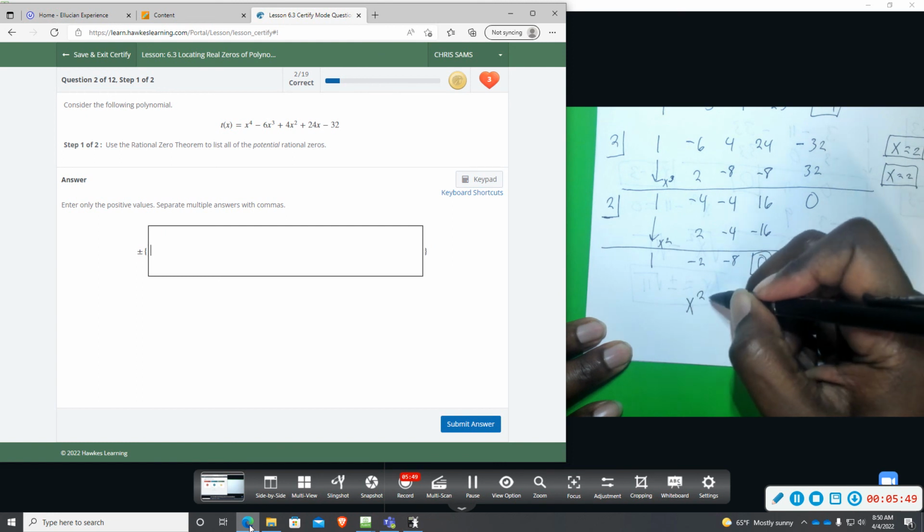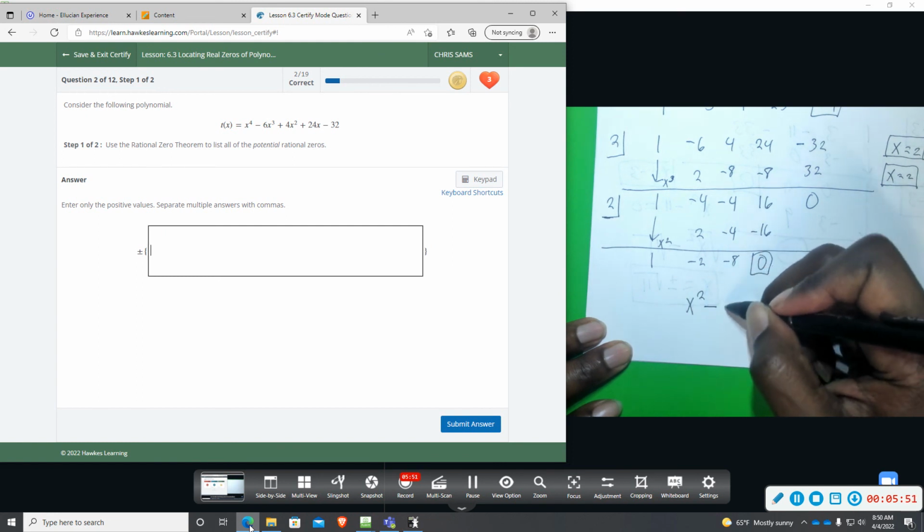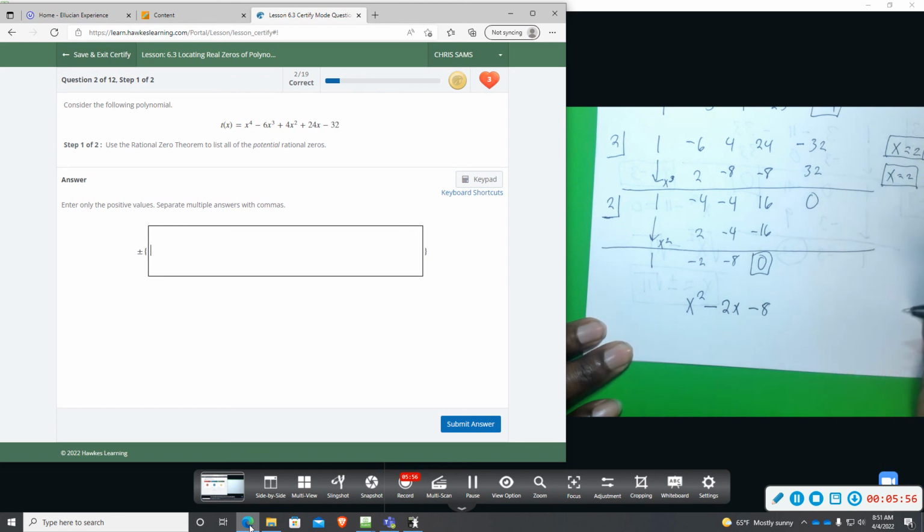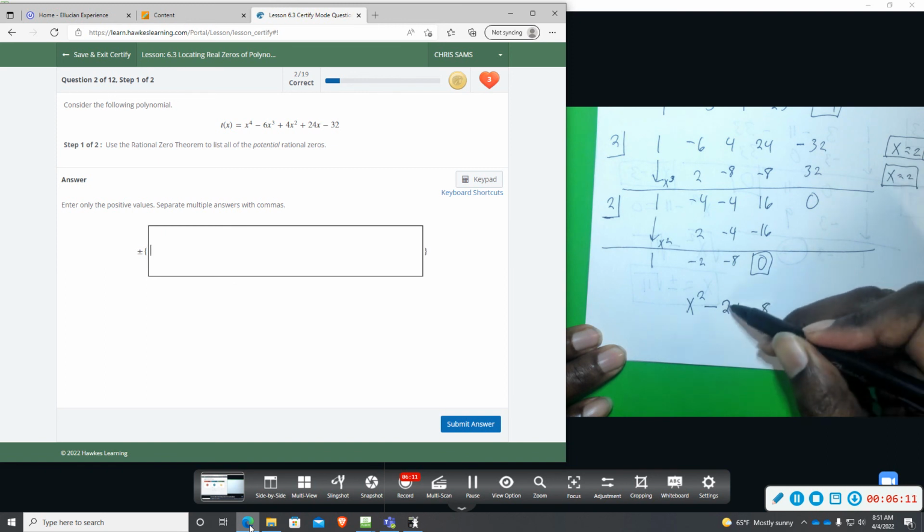So from here, I can now solve this polynomial: x squared minus 2x minus 8. I'm going to see if this will factor. 1 times 8 is 8. Factors of 8 are 1 and 8, 2 and 4. And we want to subtract to get 2.